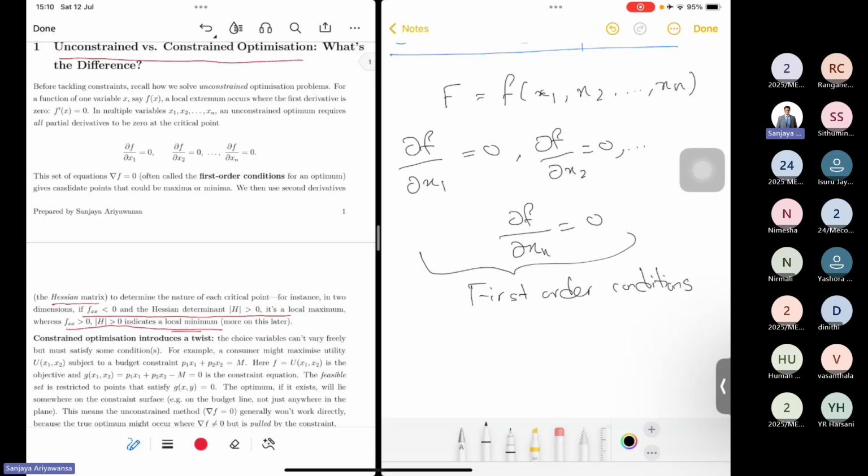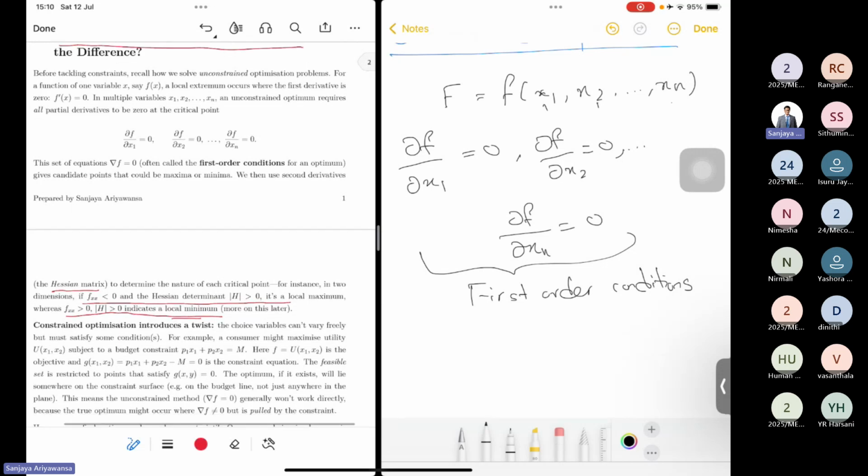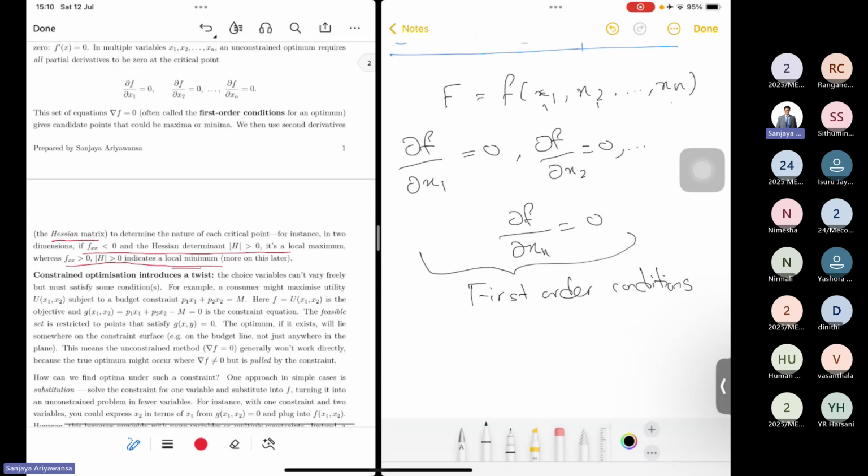We partially differentiated it with respect to its independent variables, in this case x1, x2 up to xn. We equated it to 0. We figured out what the values are for x1, x2, up to xn. And then we figured out whether these values give us a maximum value for f or a minimum value for f. And for that, to figure out whether it's giving a maximum or minimum, we use this Hessian matrix.